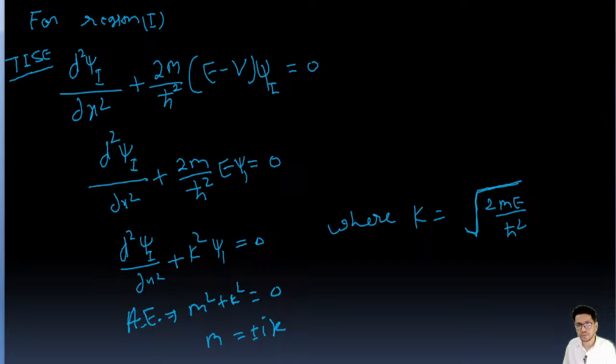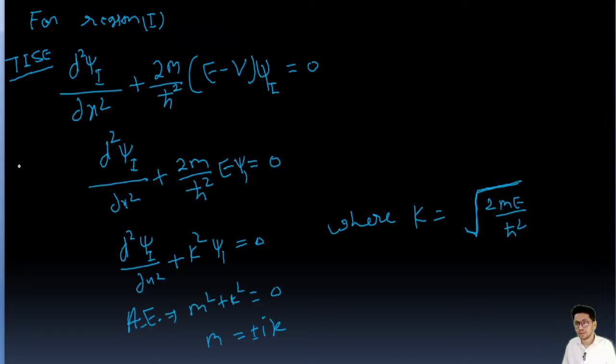Therefore the solution is going to be psi 1 equals A e to the power iota kx plus B e to the power minus iota kx, because the value of k is this.